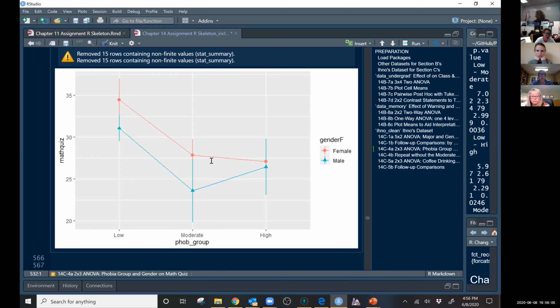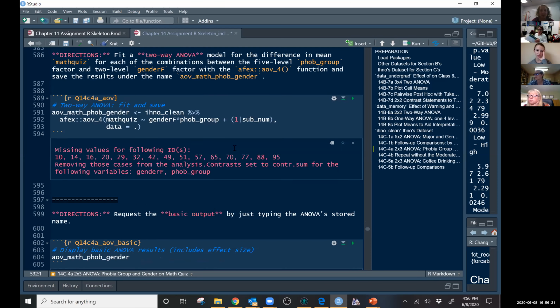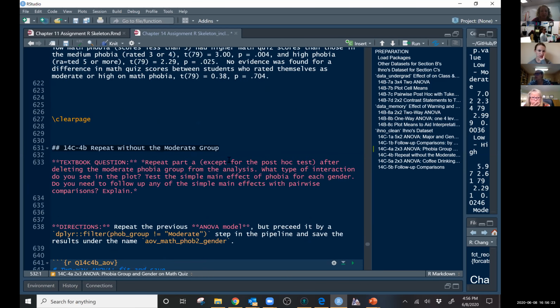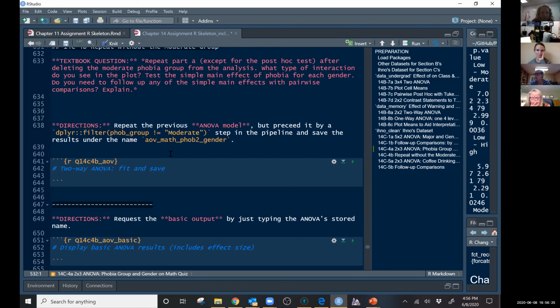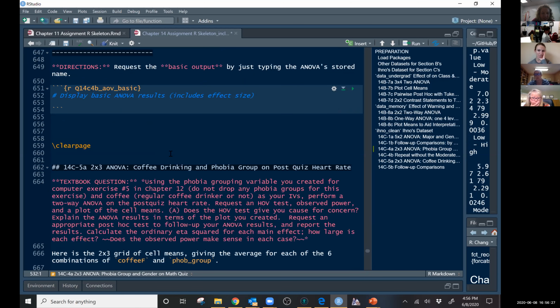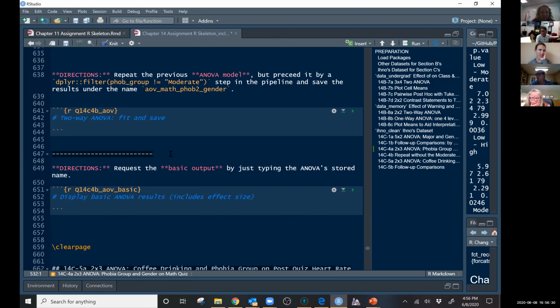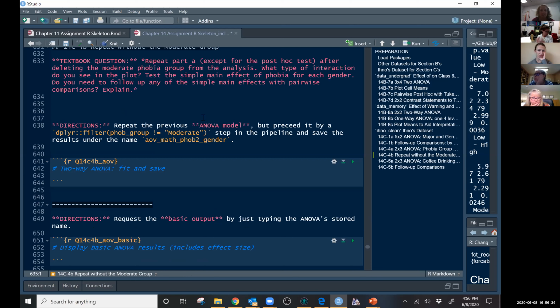It's just multiple choice. Options are: repeat part A, except post hoc after deleting the moderate phobia group. Okay, so let's delete that. And we're supposed to make another plot. It didn't, there's not a spot for it. Can we add a spot?